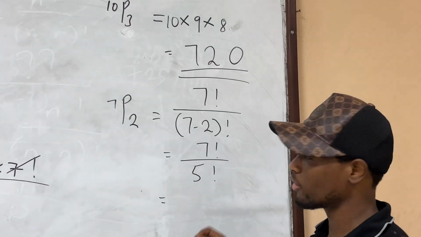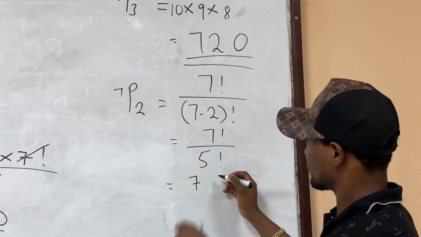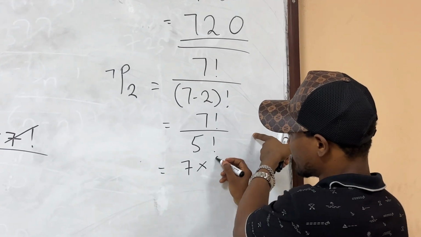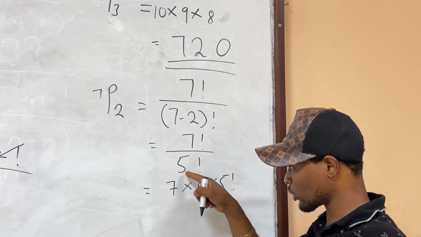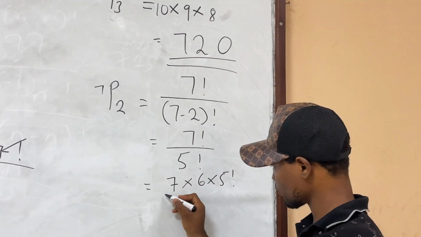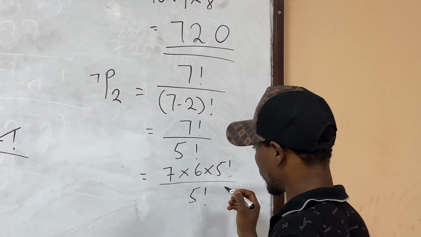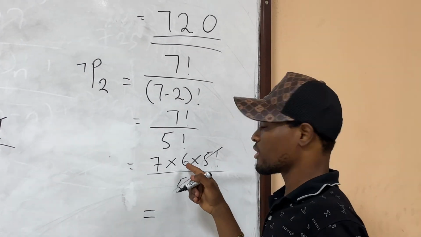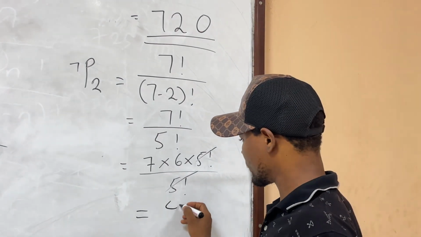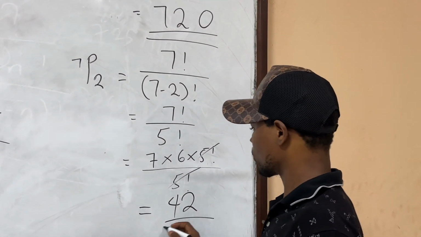So we have 7 times 6 times 5 factorial. I'm ending at 5 factorial because of the denominator 5 factorial. Then all over 5 factorial. 5 factorial cancels 5 factorial. So therefore, 7 times 6 gives 42.